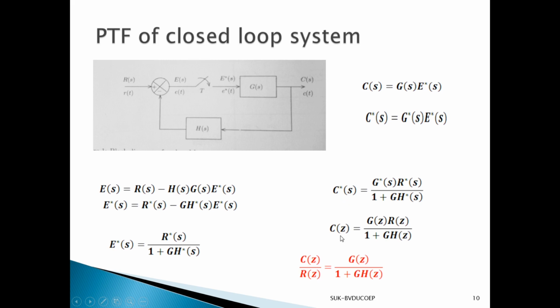C star is nothing but C(z), so C(z) is equal to G(z) R(z) upon 1 plus GH(z), and the closed loop transfer function C(z) upon R(z) is G(z) upon 1 plus GH(z), same as earlier in the continuous time system, G(s) upon 1 plus G(s)H(s). So very important, the pulse transfer function of the closed loop system with the sampler inside is at the E star.